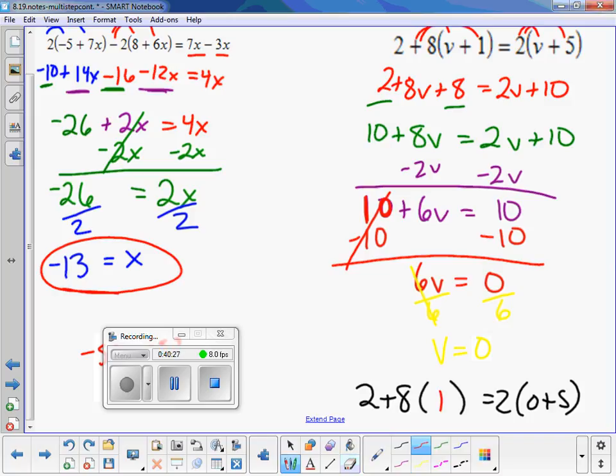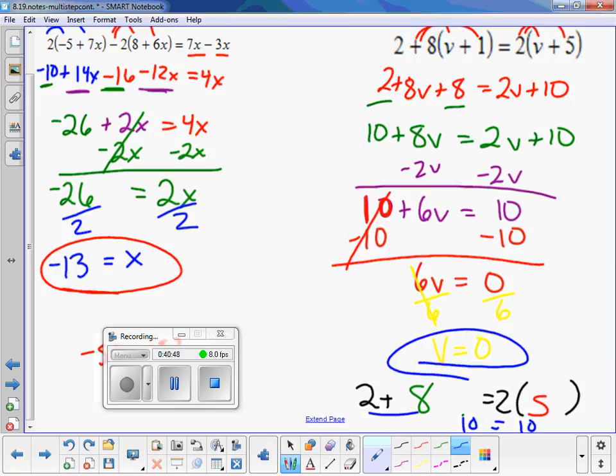And in the second set of parentheses, 0 plus 5, we know that is just 5. And then on the left-hand side, it's 8 times 1. We know that is 8. And on the right-hand side, 2 times 5 is 10. Left-hand side, 2 plus 8 is 10. 10 does equal 10. So the equation v equals 0 is the correct answer.